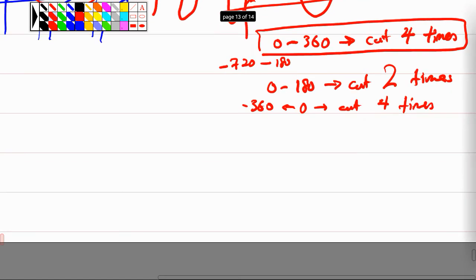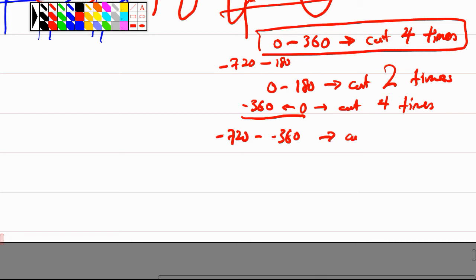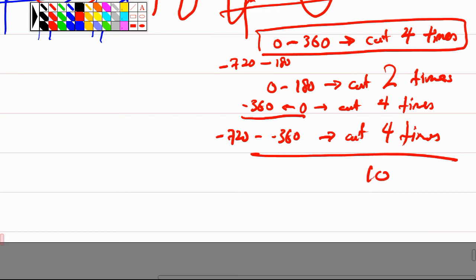But this is just 0 to negative 360. What about negative 720 to negative 360? Cut how many times? Again, 4 times. So altogether it cuts 10 times. This is a statement, no working needed. 10 times.